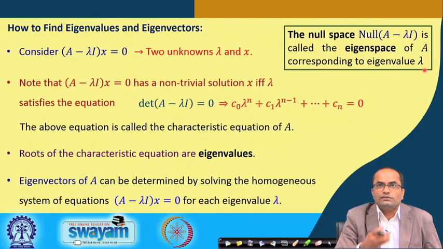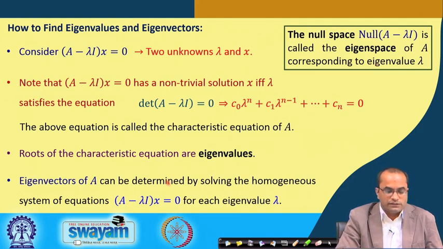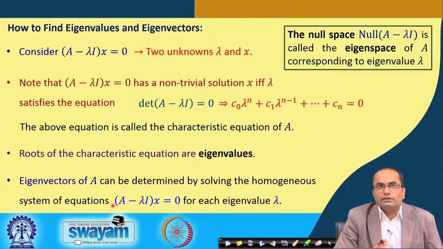The null space carries all the eigenvectors plus the 0 vector, because 0 is not an eigenvector. 0 is naturally a solution of (A minus lambda I) x is equal to 0, so 0 will be there in the null space, but 0 is not an eigenvector, because the eigenvector we define as the non-zero x, the non-trivial solution of this equation.